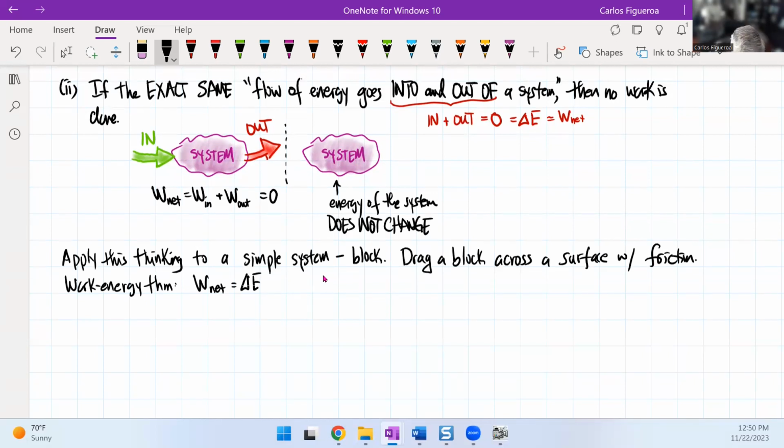So I'm going to sort of make up some language. If the net work is zero, then I'm going to say that the system is in equilibrium.